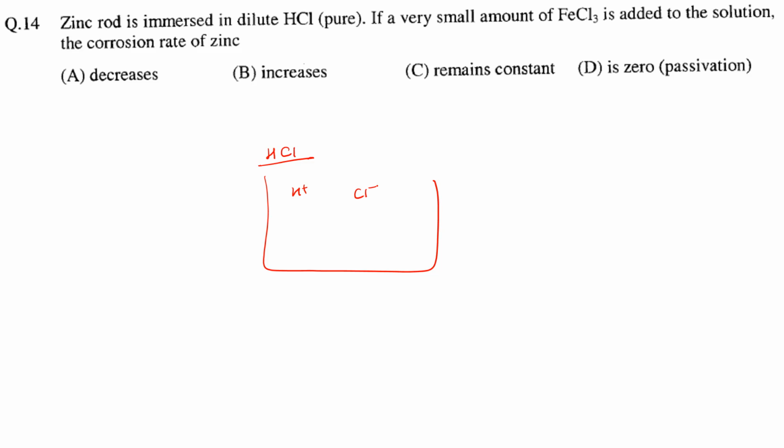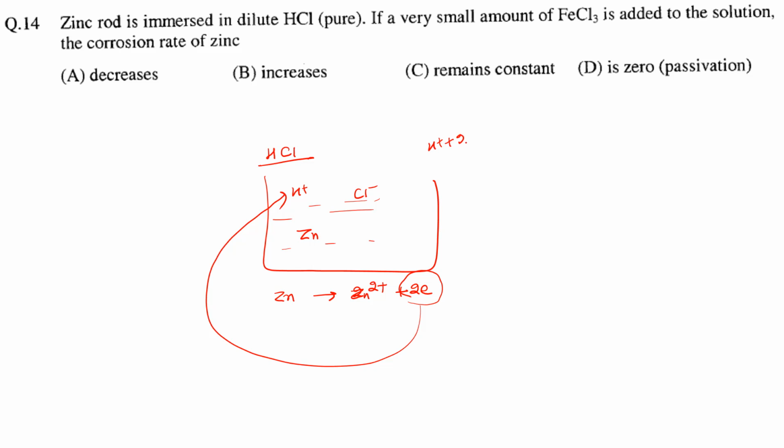Since we have also added zinc, zinc will form Zn2+ and give 2 electrons. These electrons will be taken by H+ to form H2. The reaction will be like this, and the corrosion is happening over here.